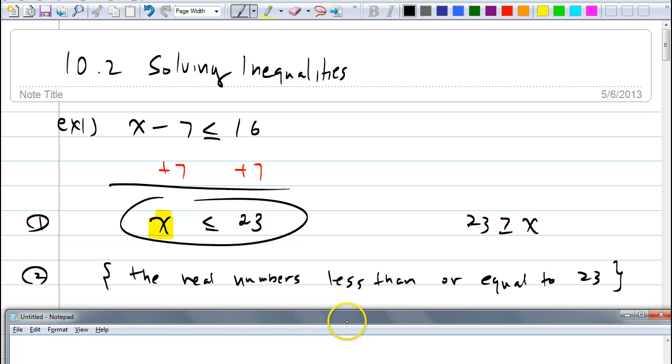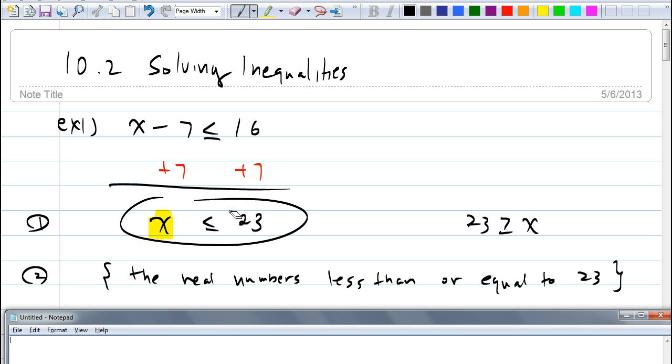On your homework, I want you to write it this way: the real numbers less than or equal to 23. That's my solution. That's what this inequality is saying. x less than or equal to 23 means the real numbers that are less than or equal to 23. Again, if you write it as 23 greater than or equal to x, it's confusing as to what x could be. It's much clearer having x on the left side.